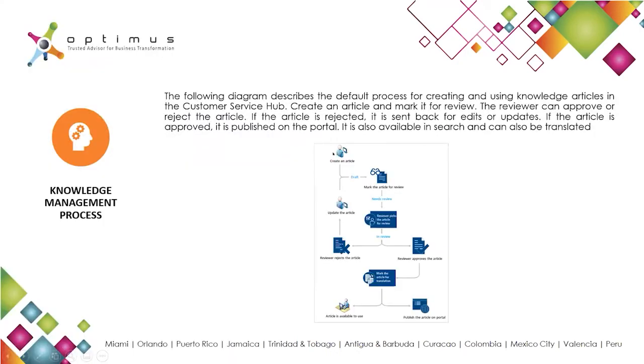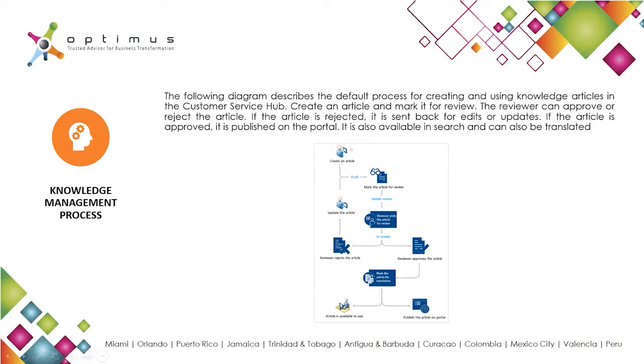So the process diagram is probably kind of small, but I'm going to read and explain all of it. The following diagram describes the process of creating and using knowledge articles in Customer Service Hub.